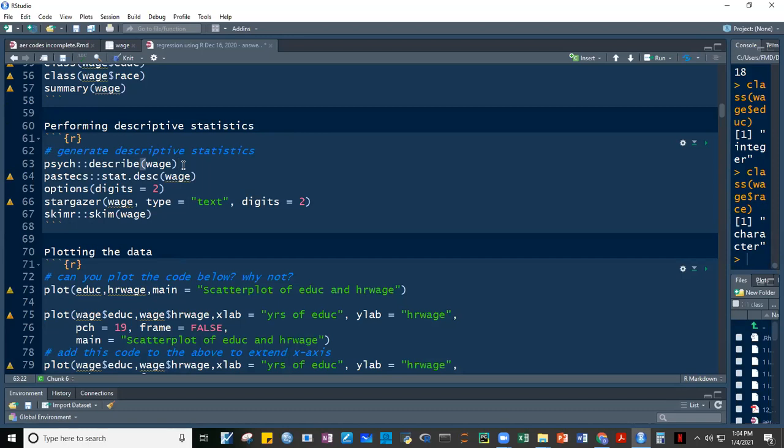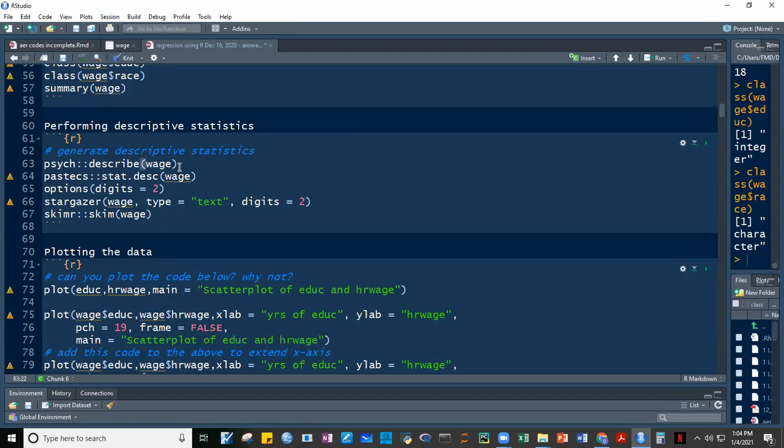So kung may parehong describe sila, kailangan, guys, sasabihin natin kung saang package nanggaling yung gusto natin. Kaya we named it here psych, and then you have double colon, and then the function describe. Okay? So we did this so that alam natin na itong describe na to, galing yan sa psych package.